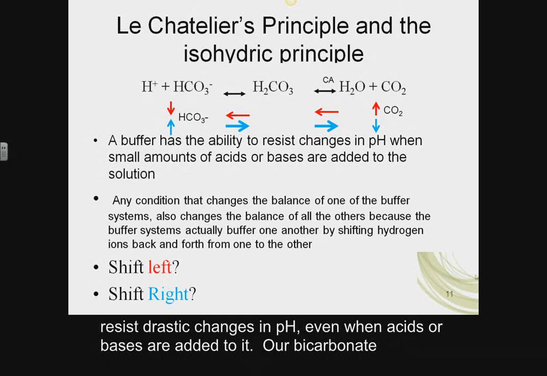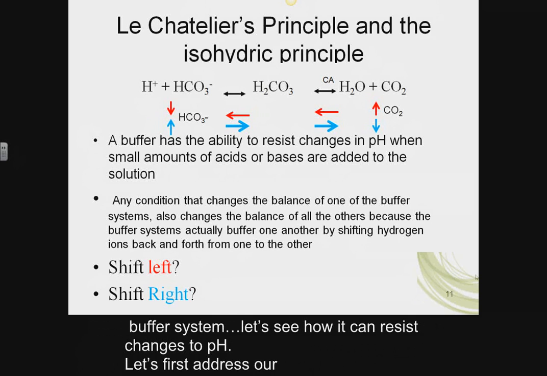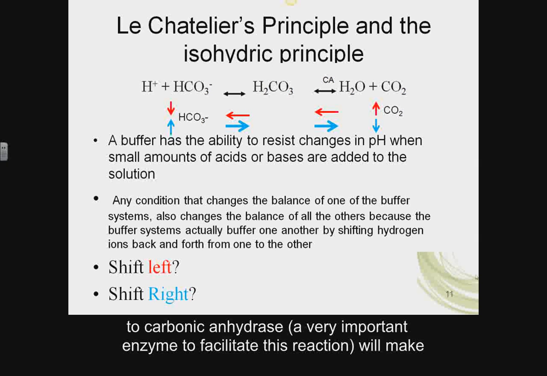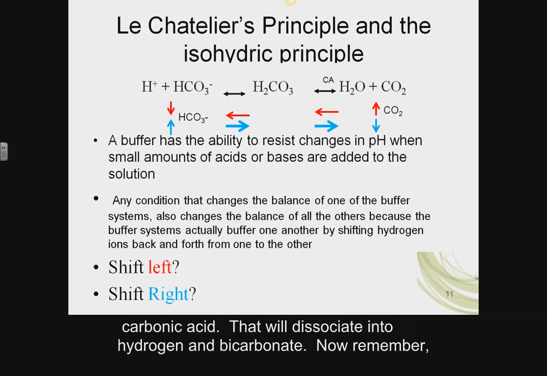Our bicarbonate buffer system, let's see how it can resist changes to pH. Let's first address our equation shown here. Start from the right side. Water plus carbon dioxide, in addition to carbonic anhydrase, a very important enzyme that facilitates this reaction, will make carbonic acid. That will dissociate into hydrogen and bicarbonate.